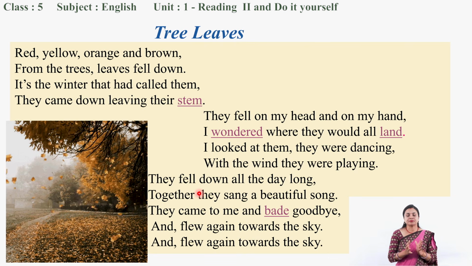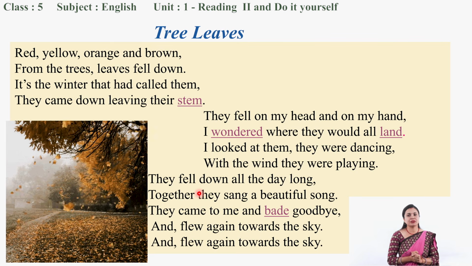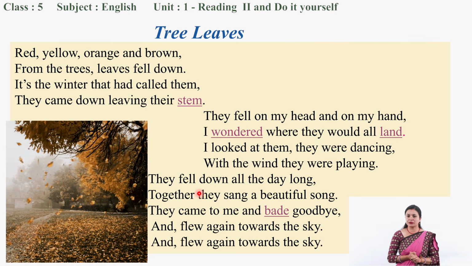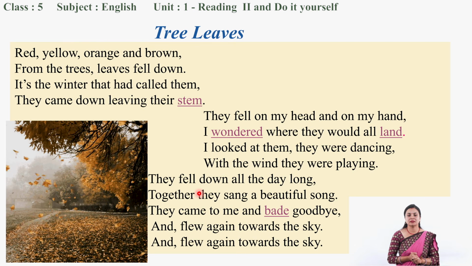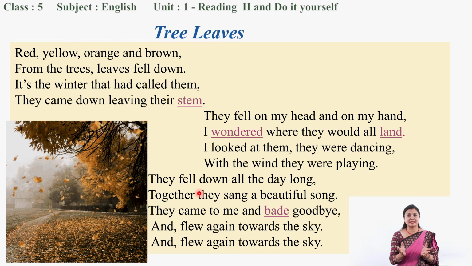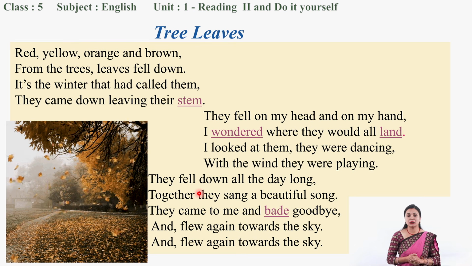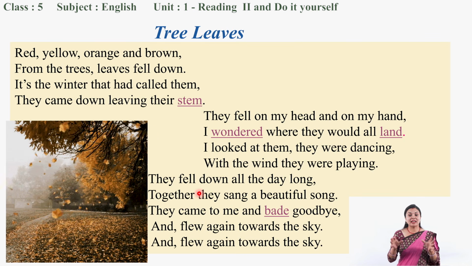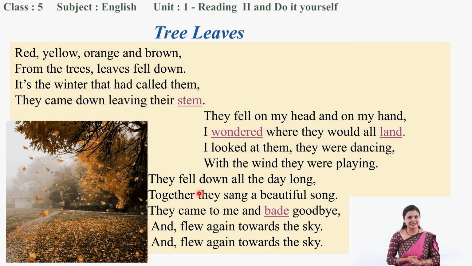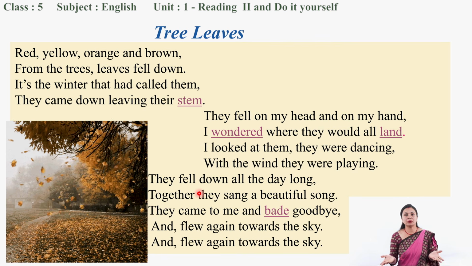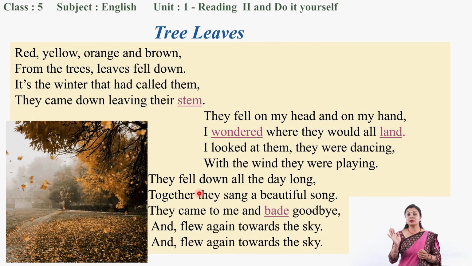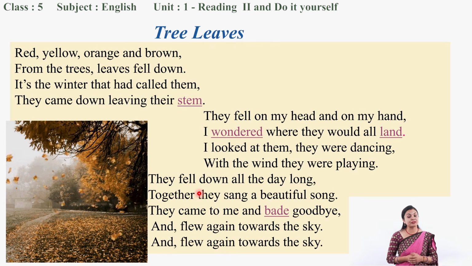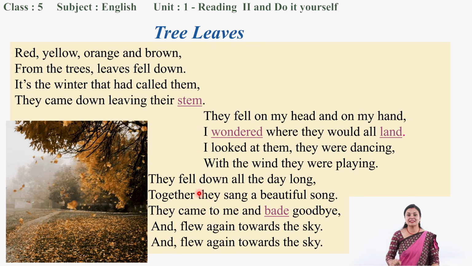Okay, so now the writer is wondering where they would all land. What do you think? Where would they all land? Yes, they means tree leaves. On the land? Yes. And at last, where did they go? They bade goodbye. And where did they go? Yes, of course, they again flew towards the sky.